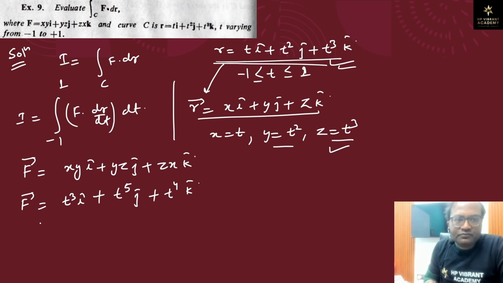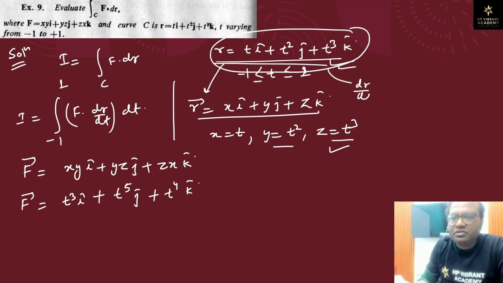And we have dr upon dt as i cap plus 2t j cap plus 3t square k cap.